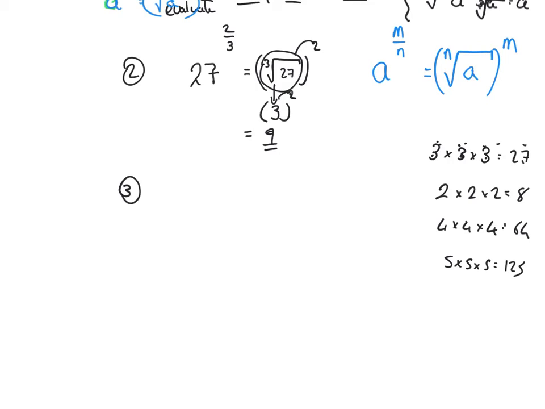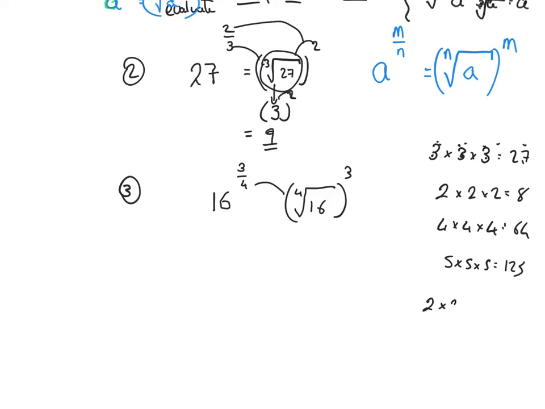Okay, example 3. We're going to go for 16 to the power 3 quarters. That number there, that number there. So that's going to be the 4th root of 16 brought to the power 3. So the 4th root of 16, that's a number that you multiply by itself, and multiply by itself again, and you get 16.